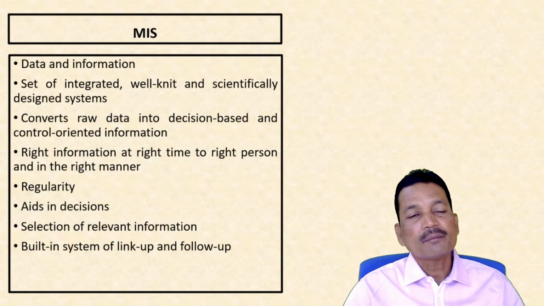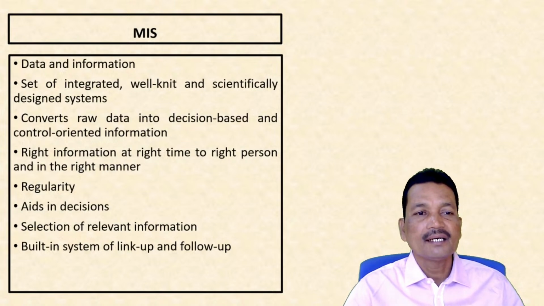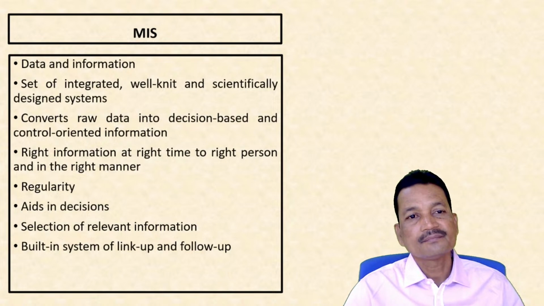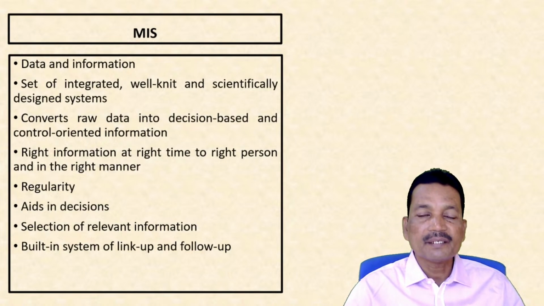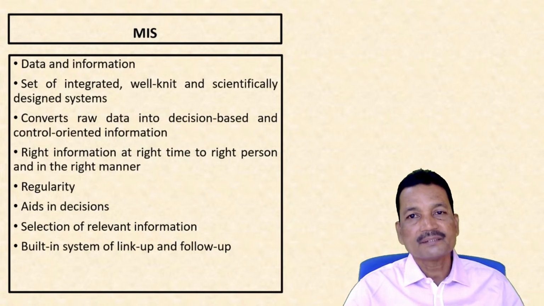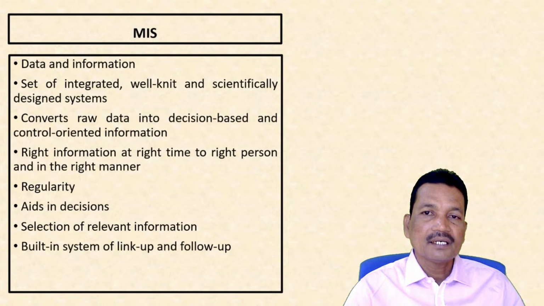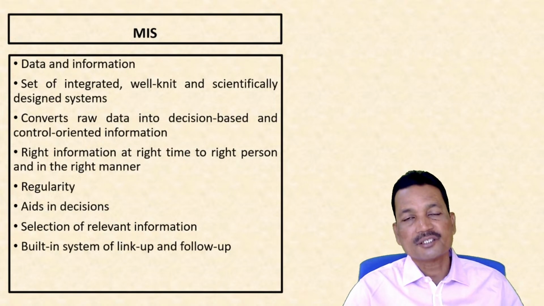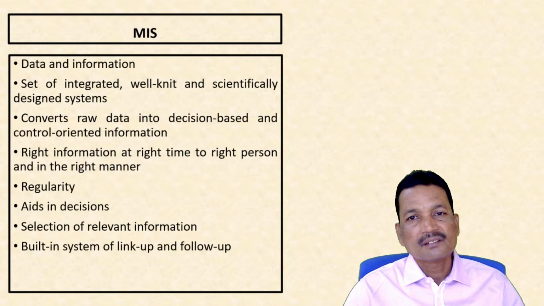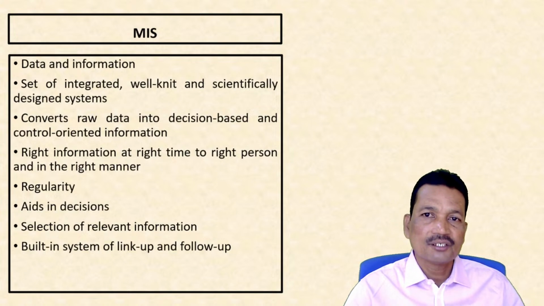Now here we talk about data and information. What is the basic difference between data and information? Let us see a lower level management, the sales manager. Information will be coming from the customer side. Sales are this much.